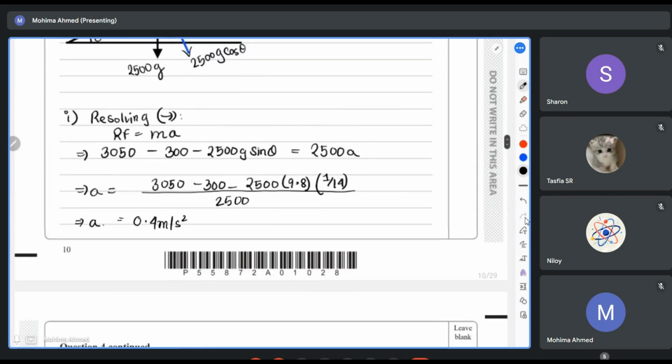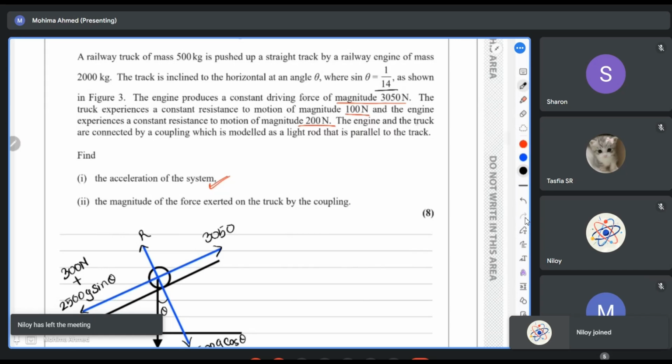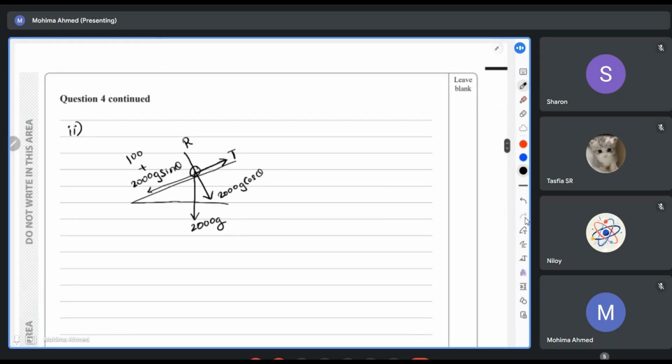If I scroll up, the resistive force on the truck, for the truck, sorry, was 100. So you can write 100 in the backward direction. That means over here, the object was accelerating, right? We already found the acceleration for both the particles, that was 0.4. Both of the particles were accelerating at the same rate.